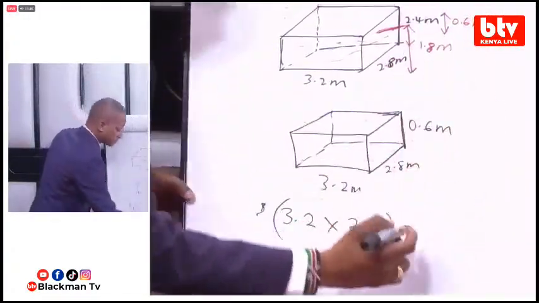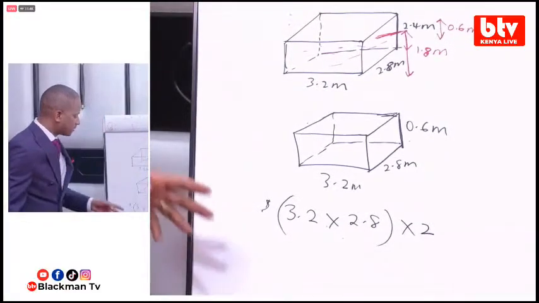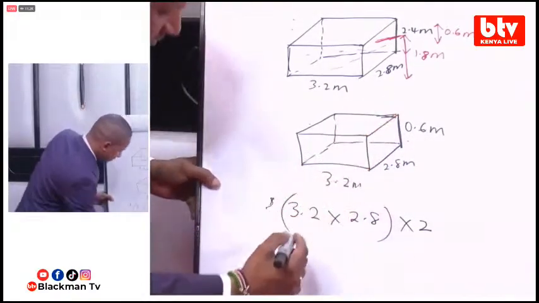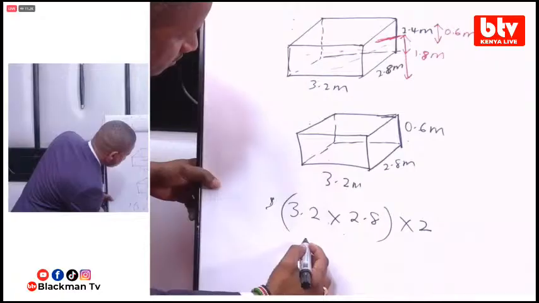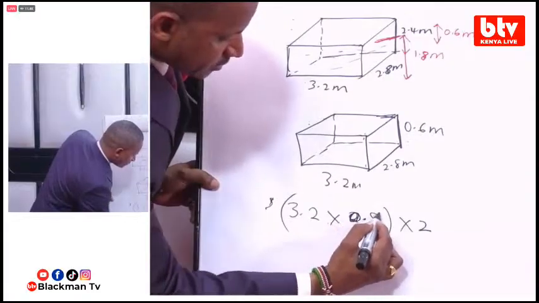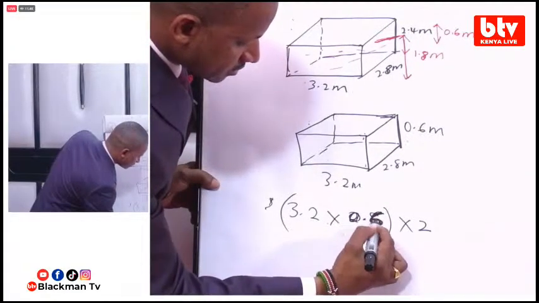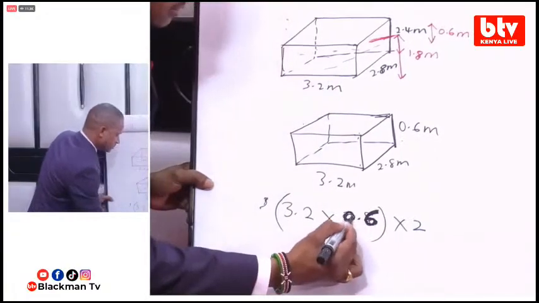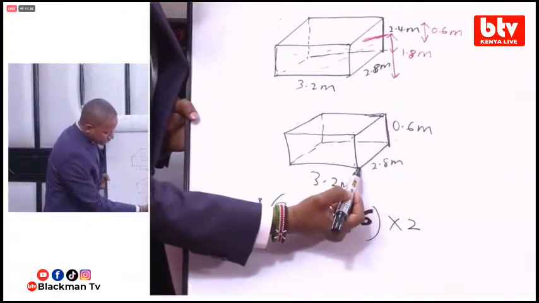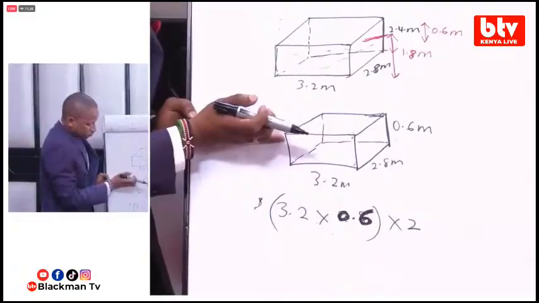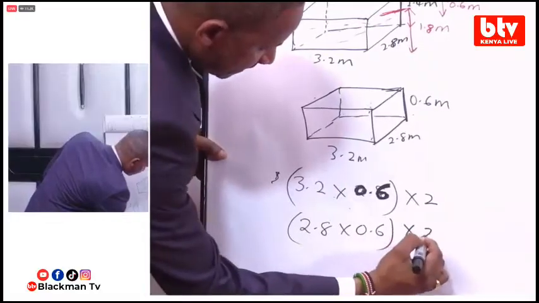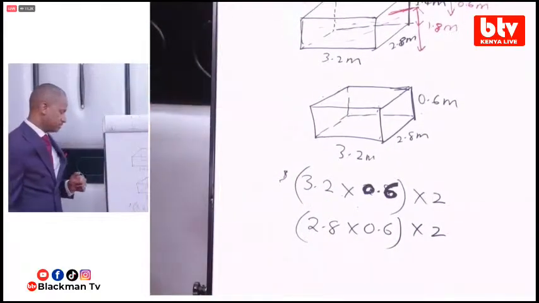Then you get 3.2 by 0.6 times 2, and then 2.8 by 0.6 times 2, for this other side. That's all you need.